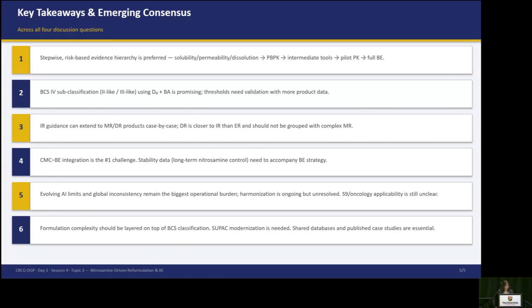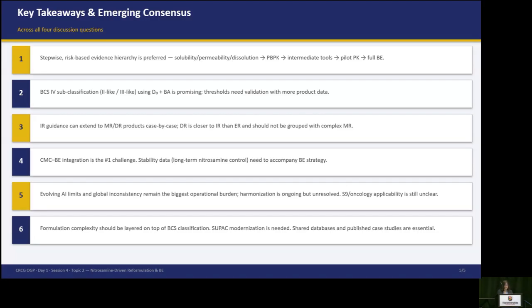Second, BCS4 drug substance subclassifications, like BCS2 permeability, solubility limited, and BCS3 solubility limited. We can use the threshold, dose number, and the bioavailability, but we need to verify this with more research.